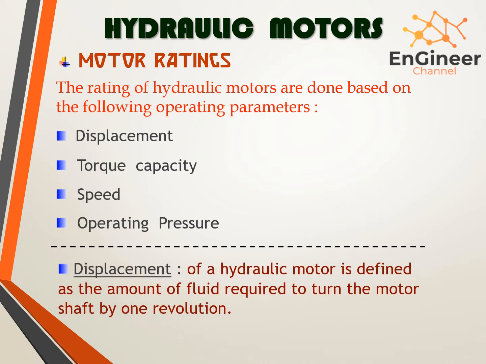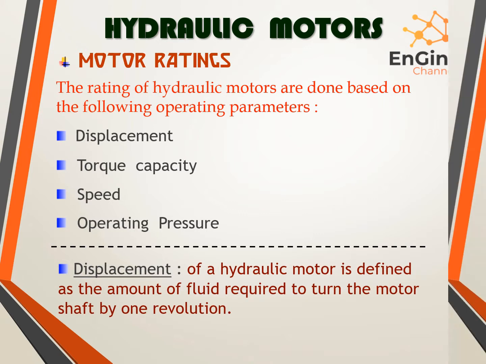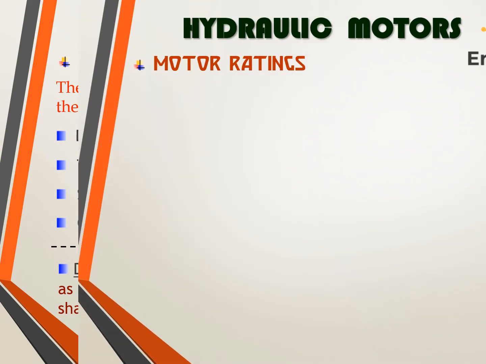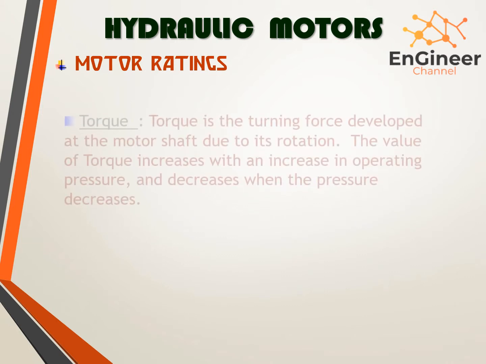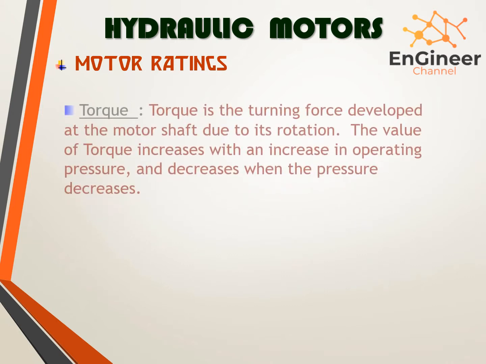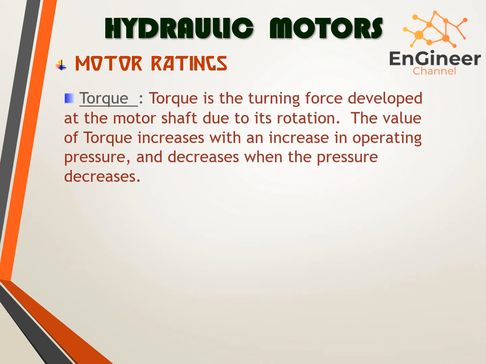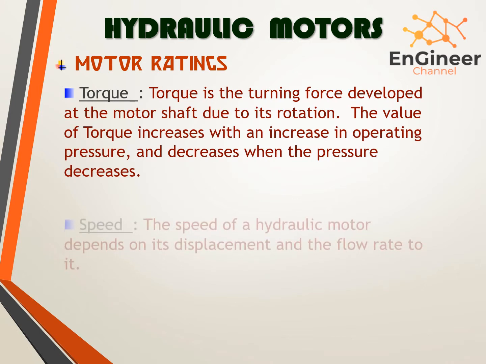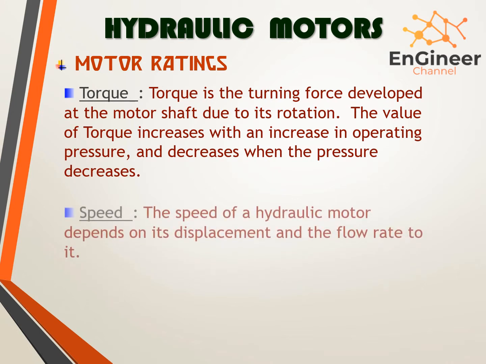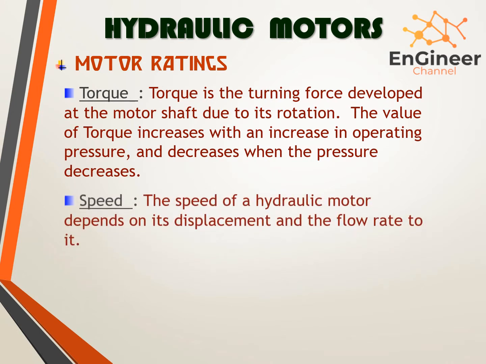First, the displacement of a hydraulic motor is defined as the amount of fluid required to turn the motor shaft. The second parameter is the torque, the running force developed at the motor shaft due to its rotation. The value of torque increases with increase in operating pressure and decreases when the pressure decreases.